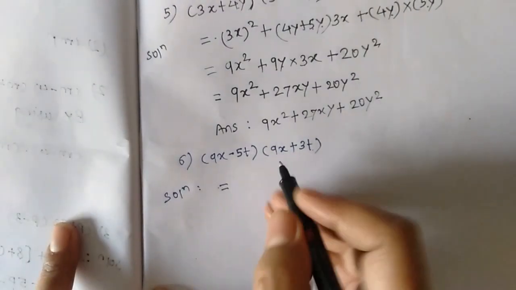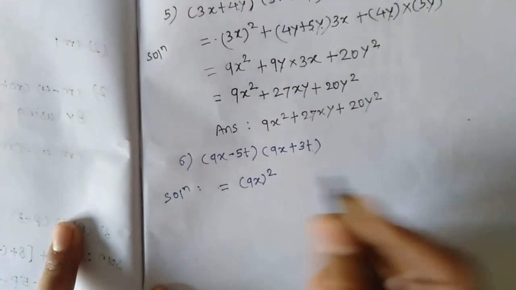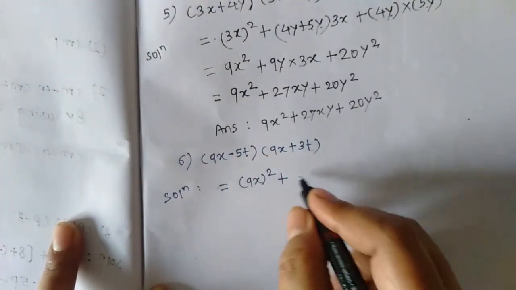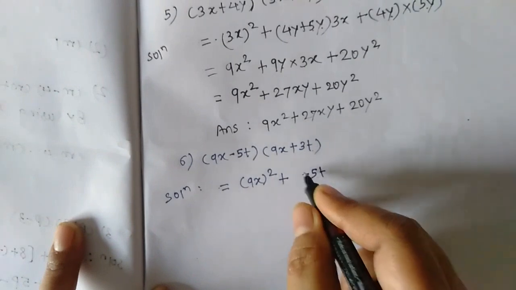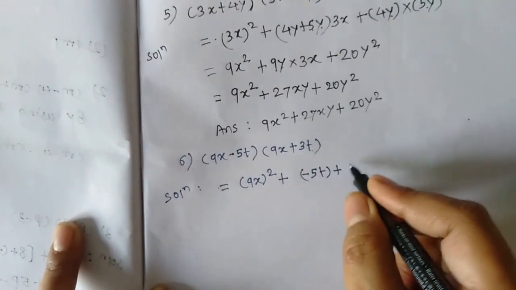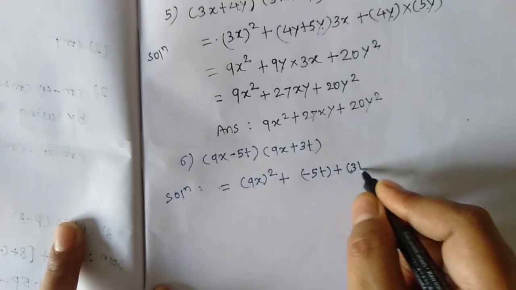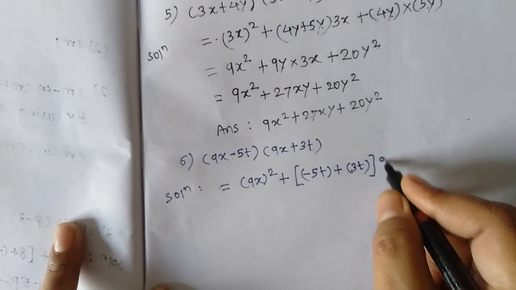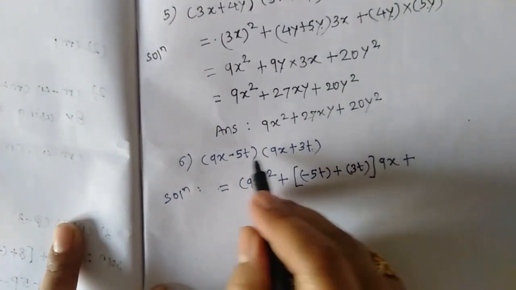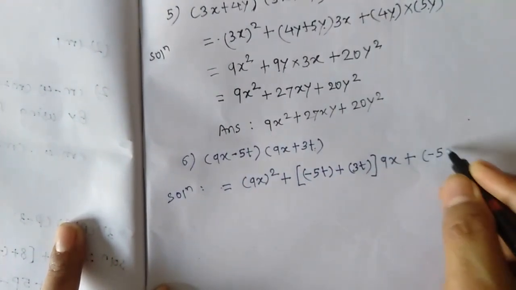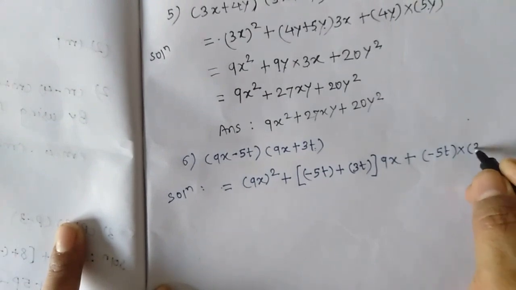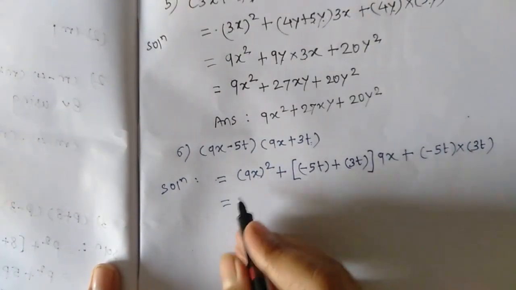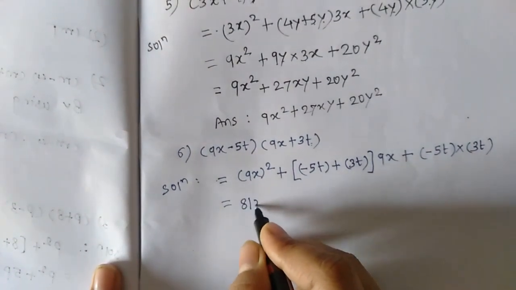Write down the answer line. 9x square, first term square, plus take the addition of both second terms, minus 5t plus thrice t into 9x plus multiplication of both second terms, means minus 5t into thrice t. Equal to 9x square. 9 9s are 81x square.